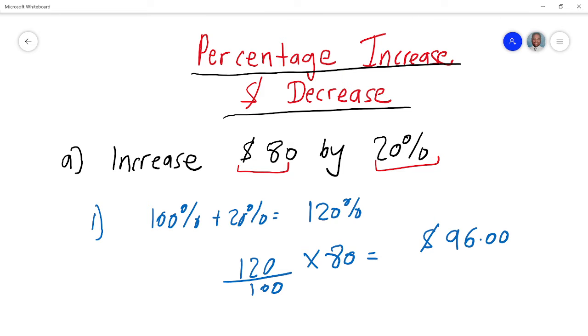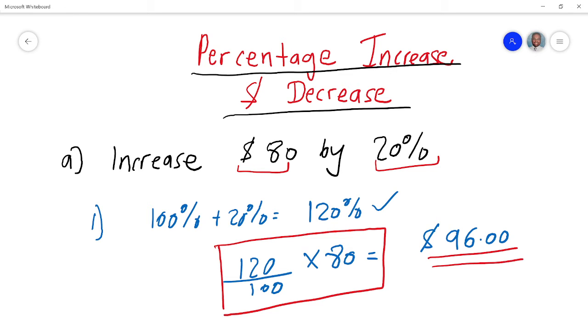All right, so that's the first method. First thing you do is because it said increase $80 by 20%, it's an increase. So you go 100 plus 20, so you're going to get 120%. And then you go 120 over 100 and multiply it by 80, and you're going to get $96. So that is step one.